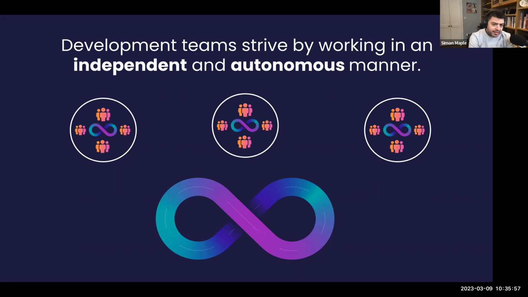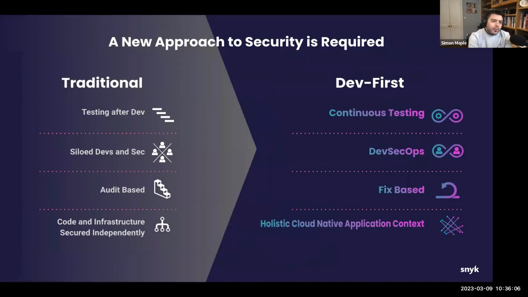So everything that they can do themselves is ultimately very, very frictionless. And from a security point of view, the approach that we have needed to take from the traditional approach of security, whereby it was a phase done at a certain time with siloed security teams leading that, very audit based, and effectively provided to development teams as a report.